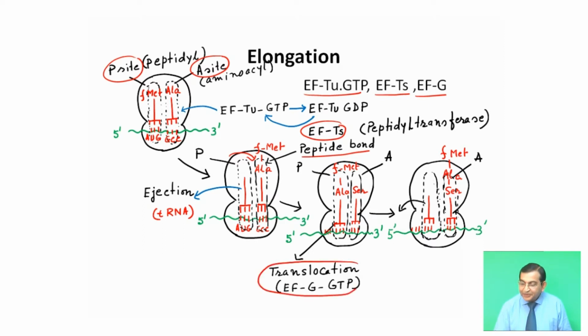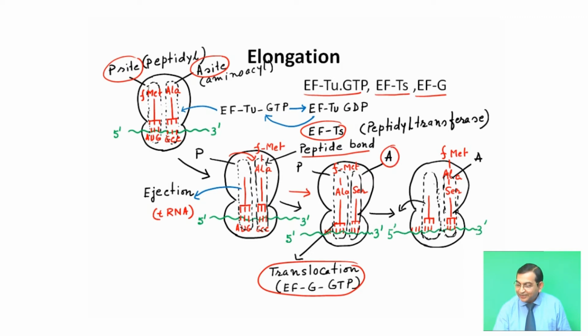The translocation process is catalyzed by another elongation factor, elongation factor G, along with guanosine triphosphate. During translocation, the ribosome moves on the mRNA to the left side, as a result of which a new codon enters the A site.